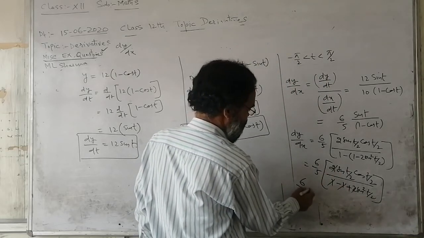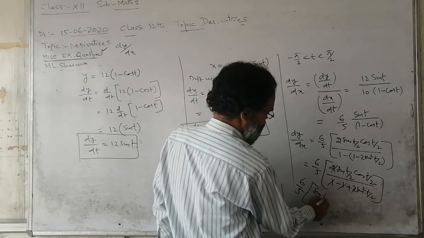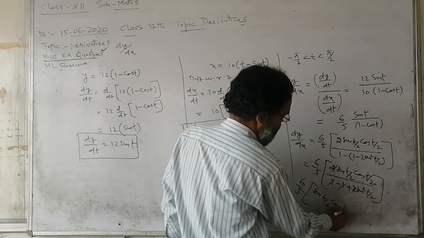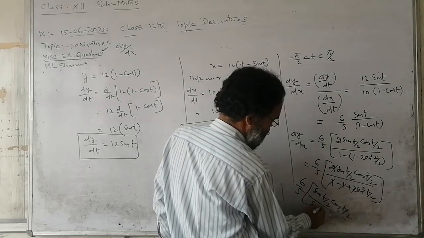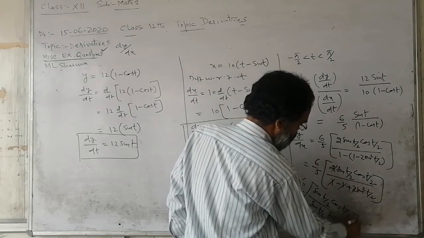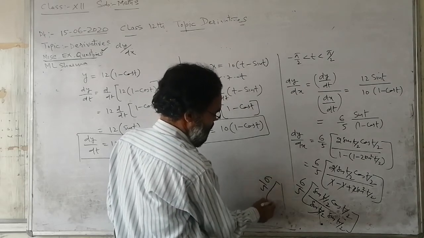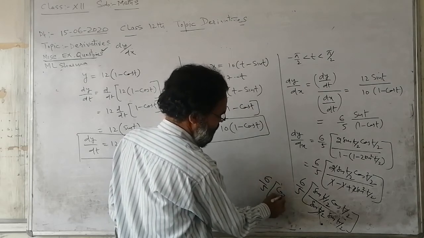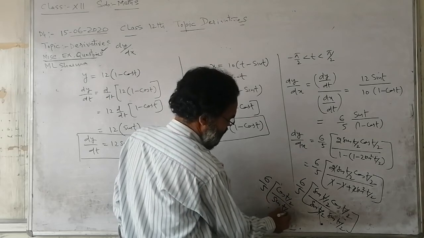So 6 upon 5 times sin of t by 2 cos t by 2 upon sin t by 2 sin t by 2. So sin and sin will cancel. So 6 upon 5 and cos t by 2 upon sin t by 2.